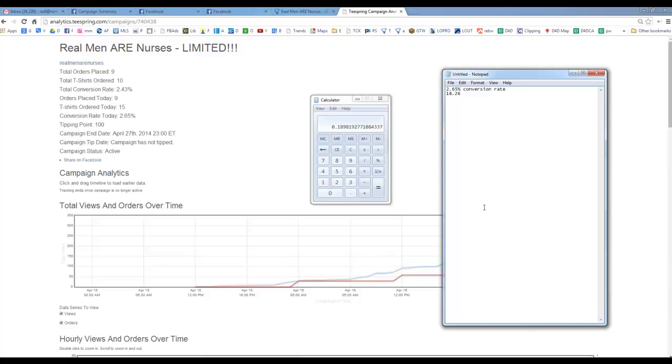$18.26, I believe, was profit per shirt.